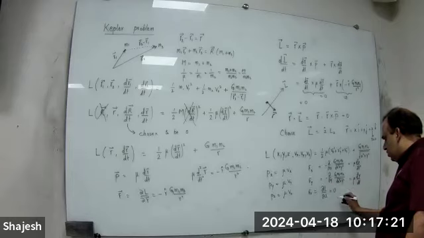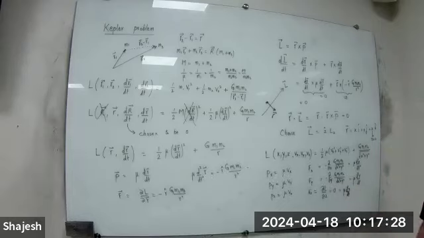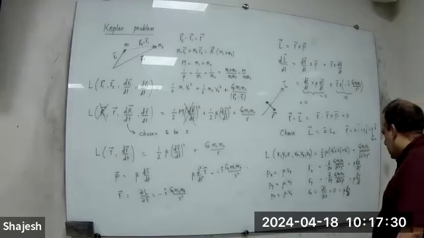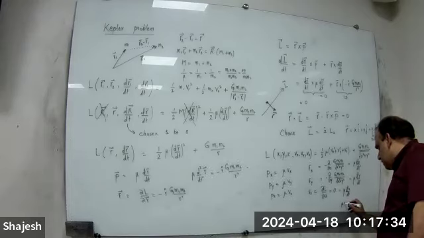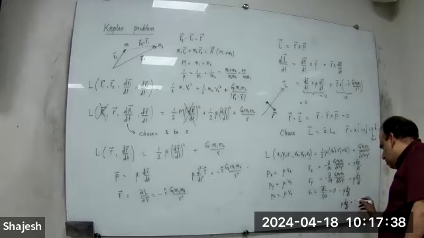This is equal to 0. This implies mu times dz by dt is equal to a constant.